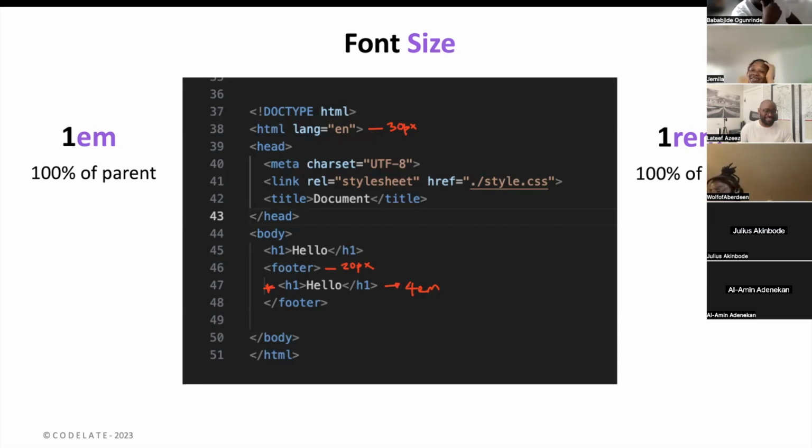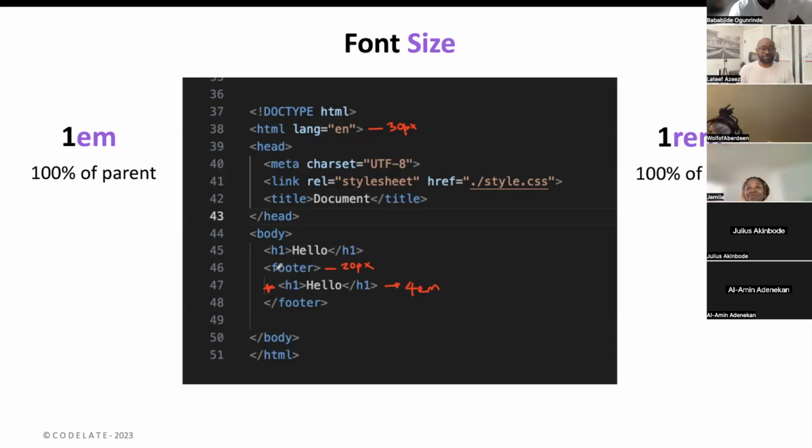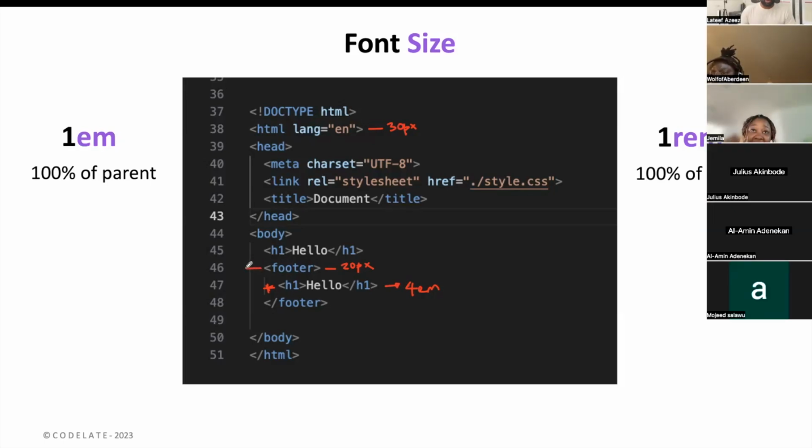Okay, lower hands, guys. Let's talk. So this is still going to be a parent to the H1 element. Whether it is footer or anything, any element that wraps another element is a parent to that element. If it is not footer, what if it is nav?